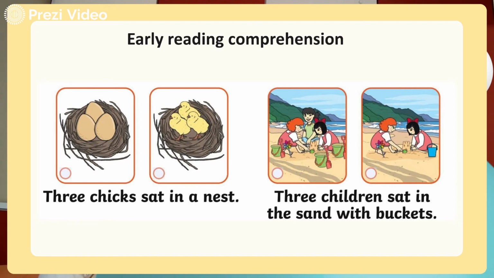They should be able to identify which visual it is, as well as being able to read the entire sentence. Similar to the second visual, 3 children sat in the sand with buckets. They should be able to identify which visual, and they're able to read these blanks.